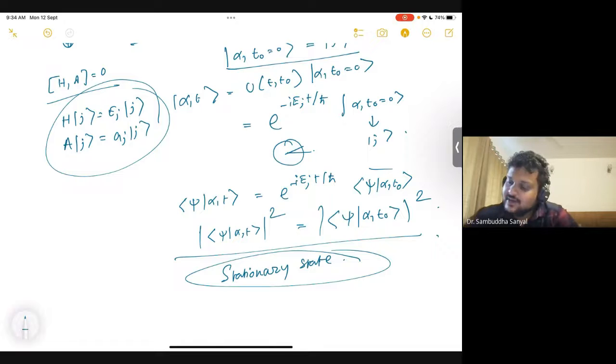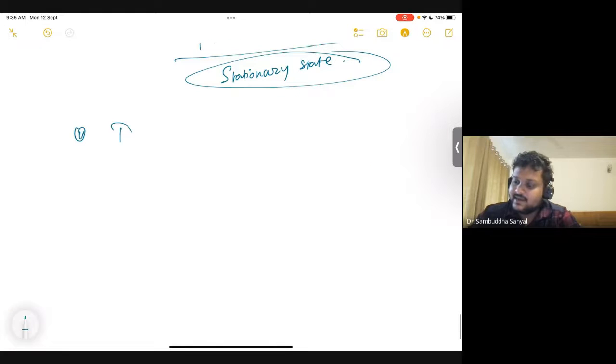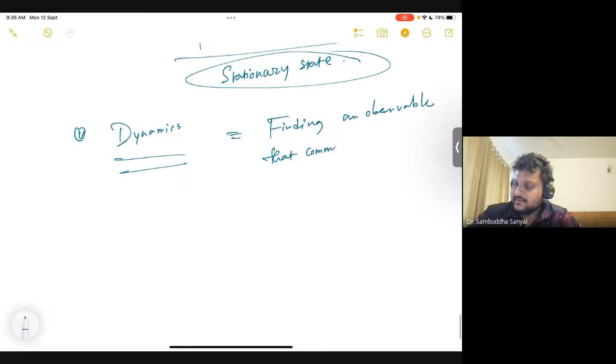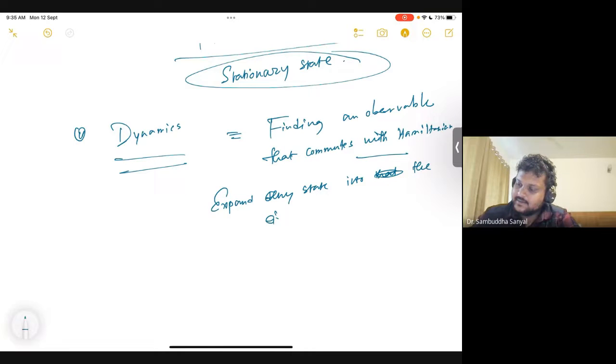So now the basic task of dynamics is finding an observable that commutes with the Hamiltonian, and then expanding any state into the eigenstates of that.